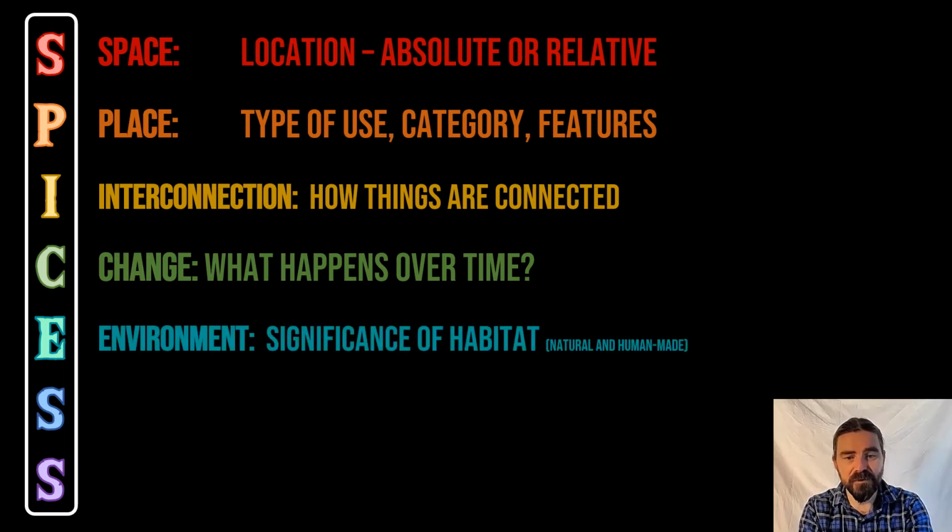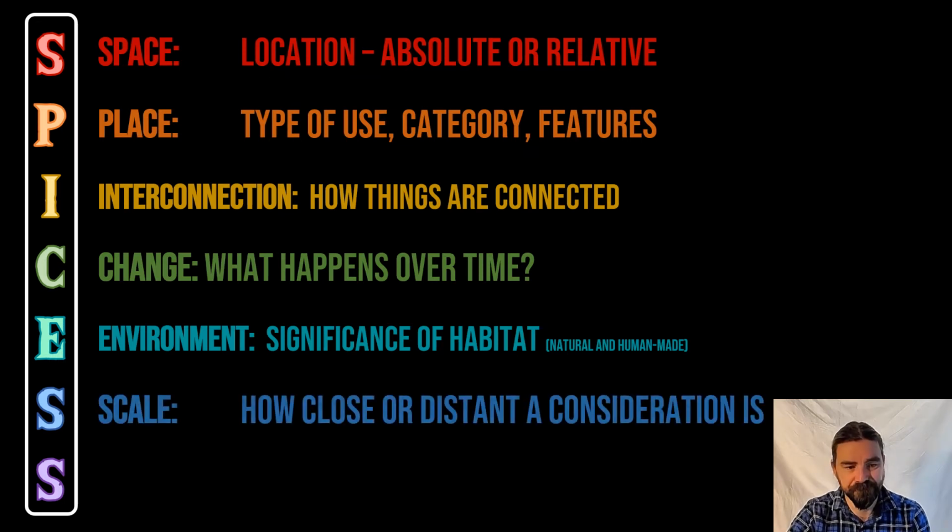The environment is about the significance of the habitat that you're in, and environments can be natural or man-made, human-made, sorry. When we say human-made, we mean human-created or human-altered, right? So like a park might not seem like it's human-made, but it's probably altered from its wild forest environment.